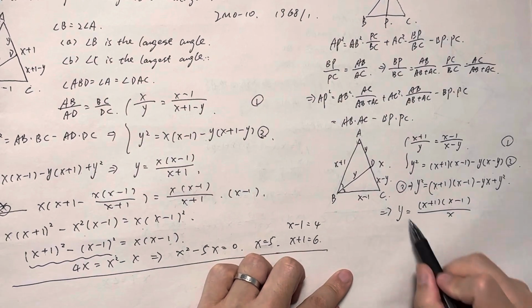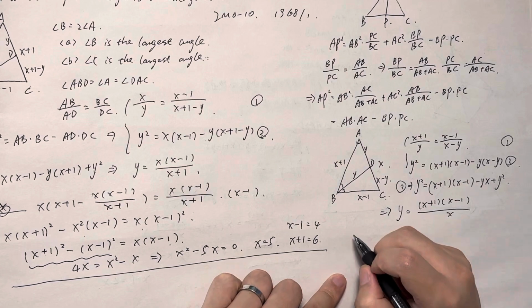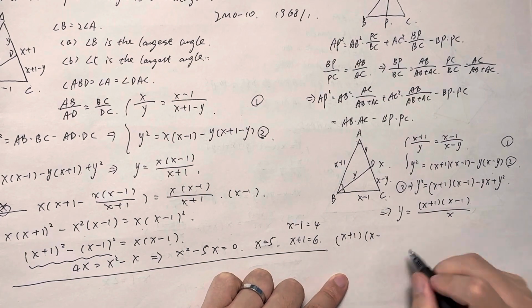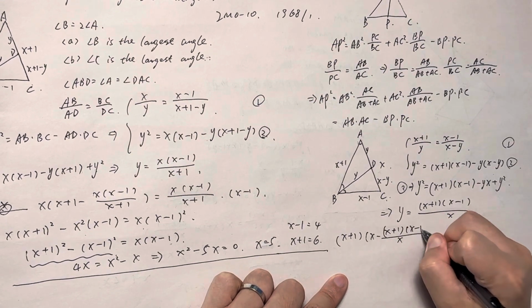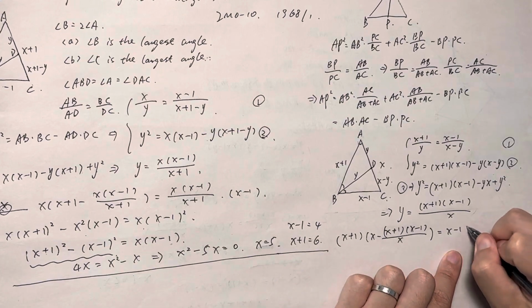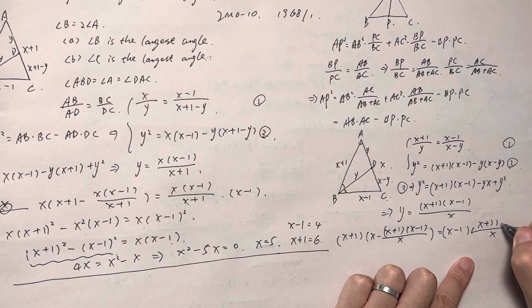Right, we replace y in the first equation by using this term, so we got (x plus 1) times (x minus y), which is (x plus 1)(x minus 1) divided by x, equals 2(x minus 1) times (x plus 1)(x minus 1).